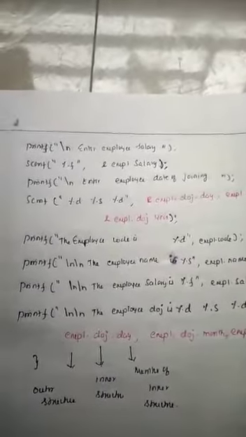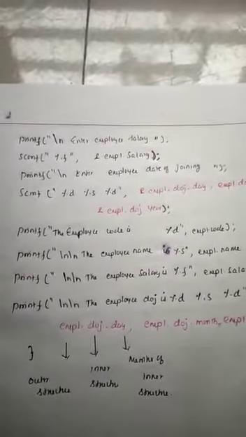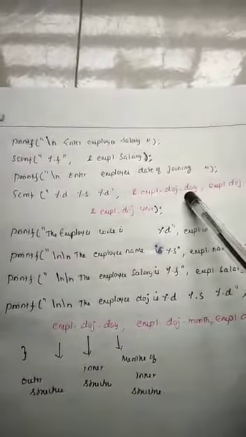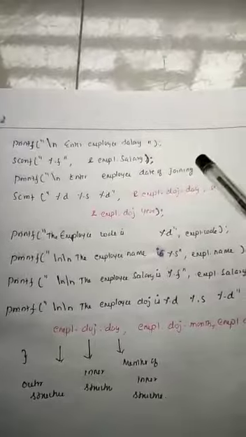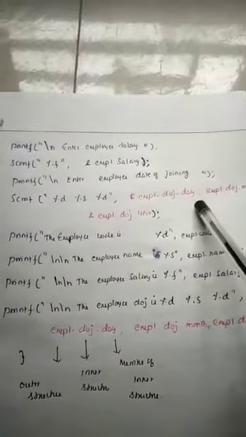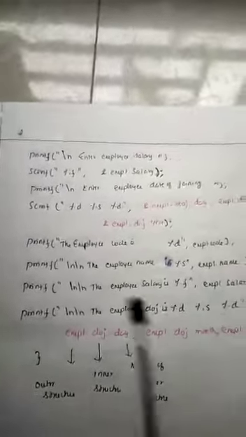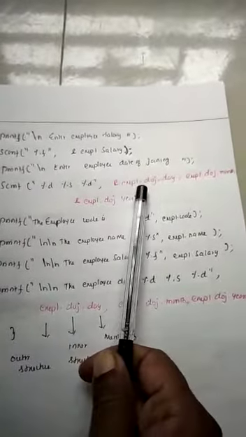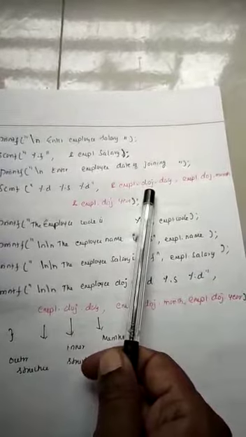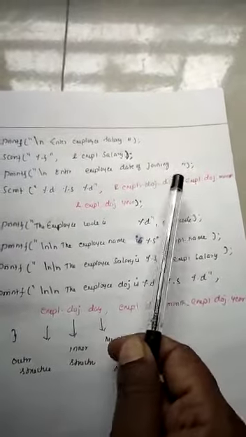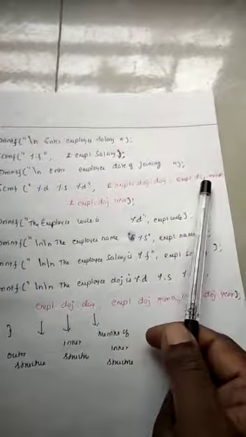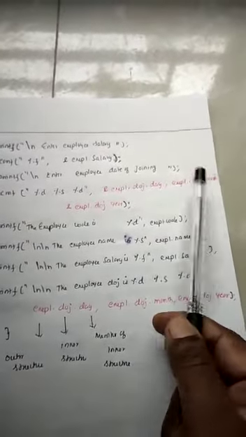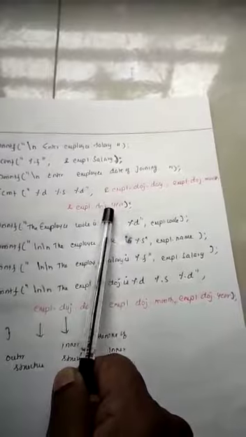When it asks for employee date of joining, the nested structure concept is used here. The variables of the date belong to the structure date, so it goes with emp1, the outer structure, dot doj, the inner structure variable, dot day; emp1 dot doj, date of joining, dot month; again emp1 dot doj dot year.